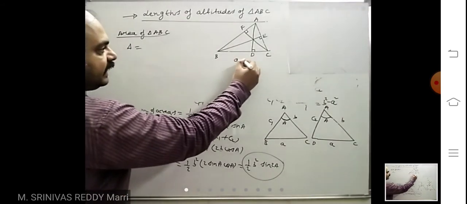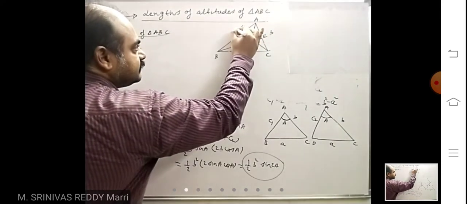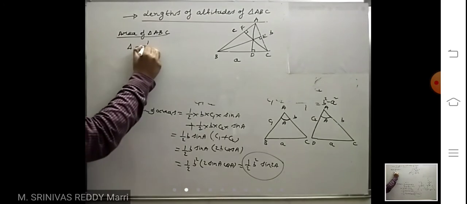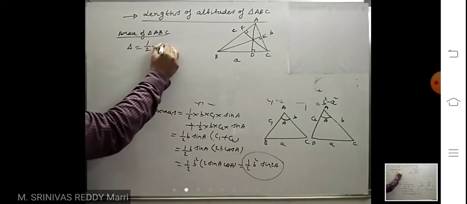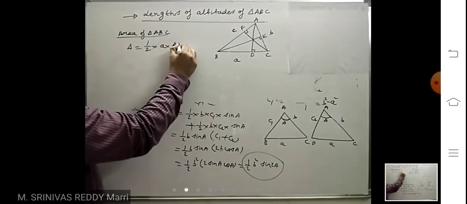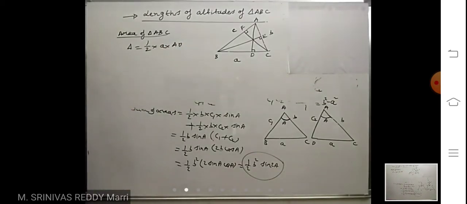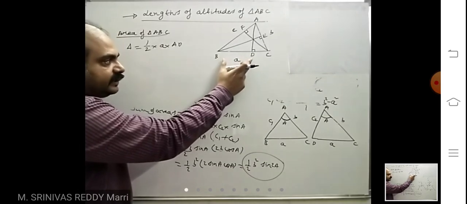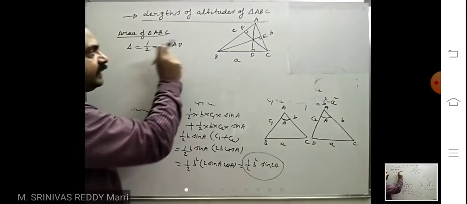So this is A, this is B, this is C. If you take BC as base, what will you get? Half into base into height, here AD. Half, if BC is taken as base, so it is a. Half a into AD length.